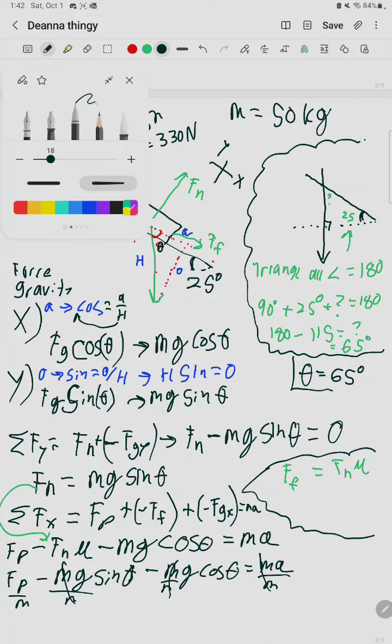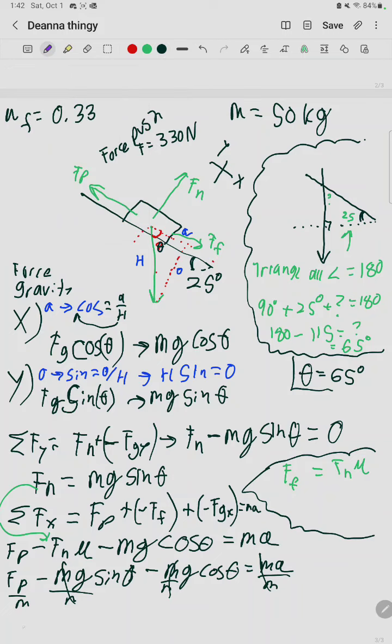I'm going to just change color just so that we can see. Force push, which is 330 newtons, minus gravity, 9.8 meters over second squared. And then I'm just factoring the gravity out. That's what I did there.